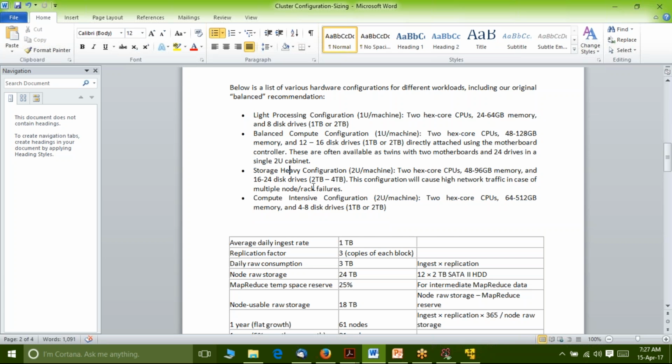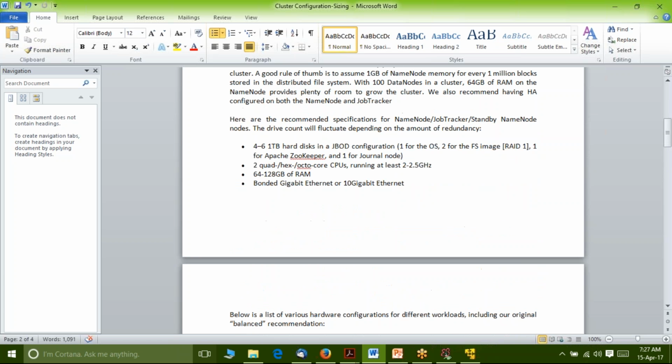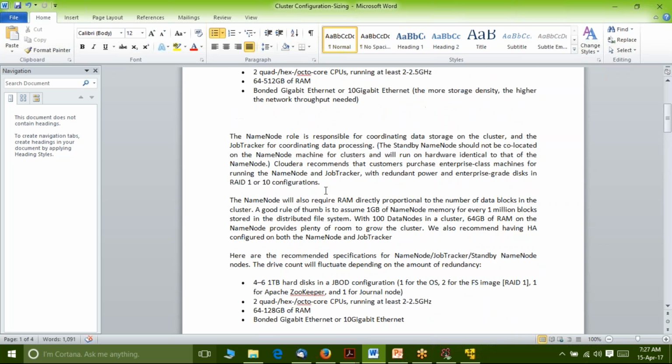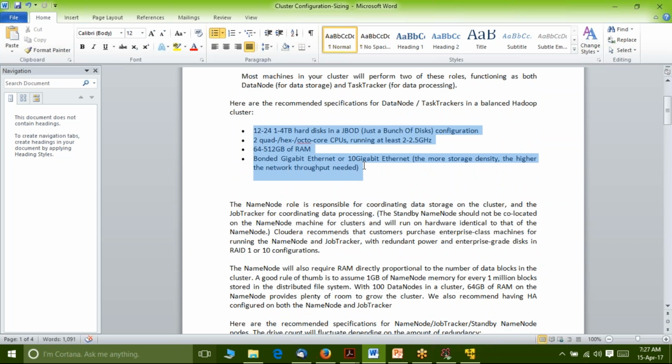Compute intensive configuration. So like that you see here, it is based on that. And don't fix your mind, friends. Depending on the budget of the organization, we can also make this hardware configuration go a bit higher.